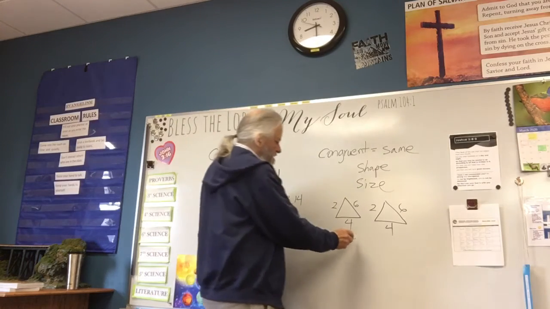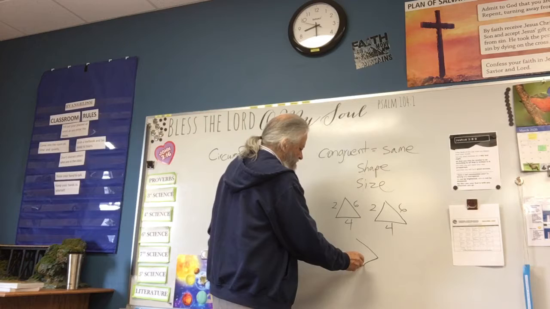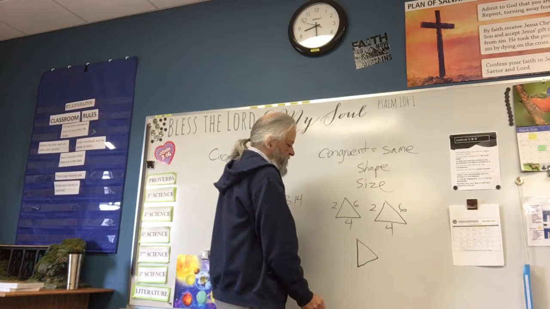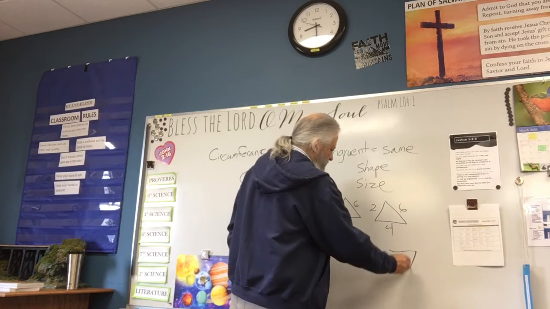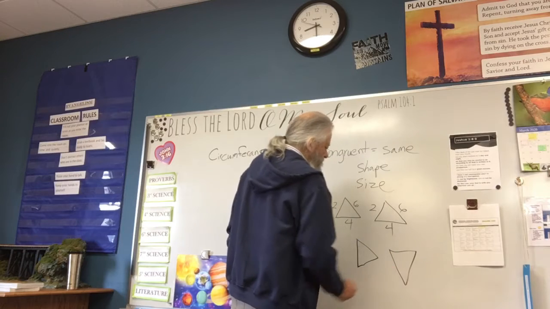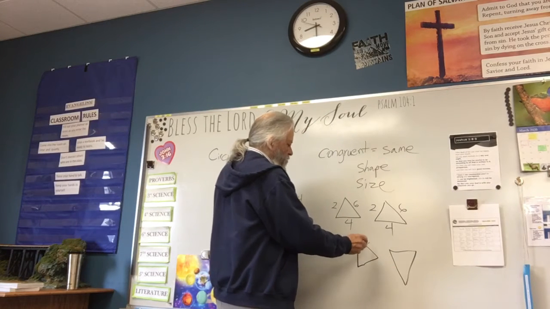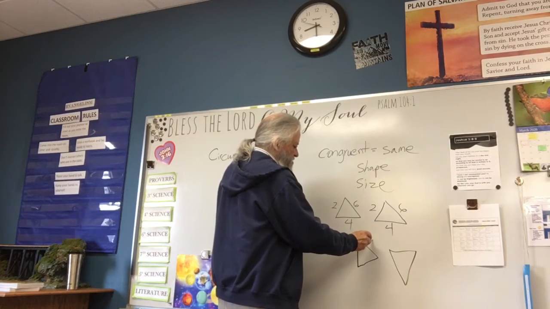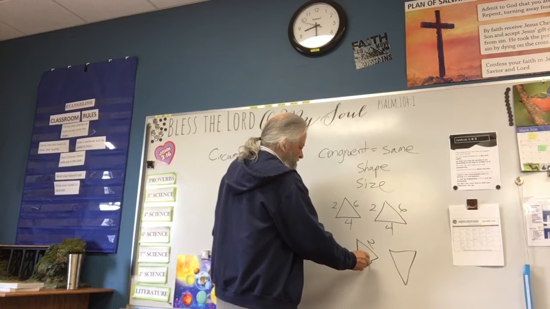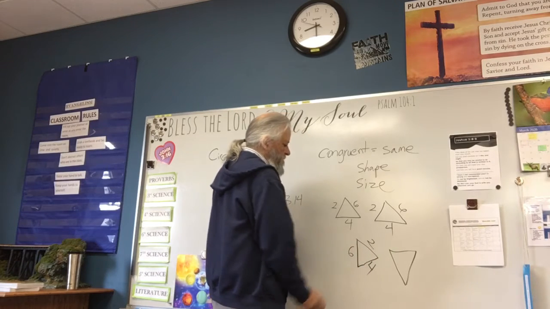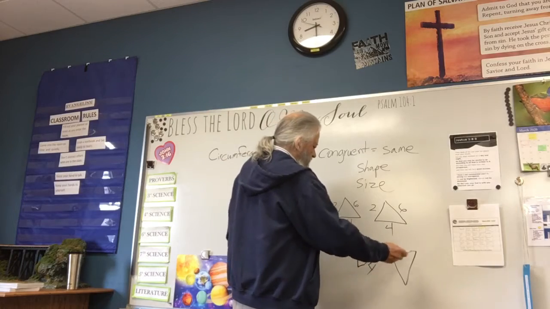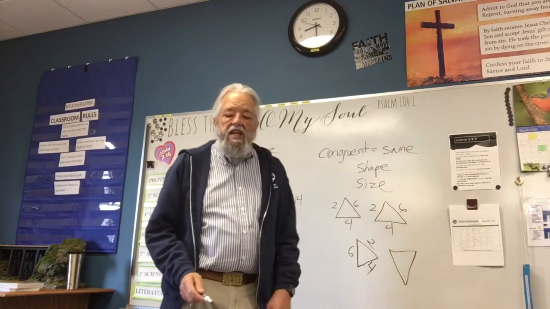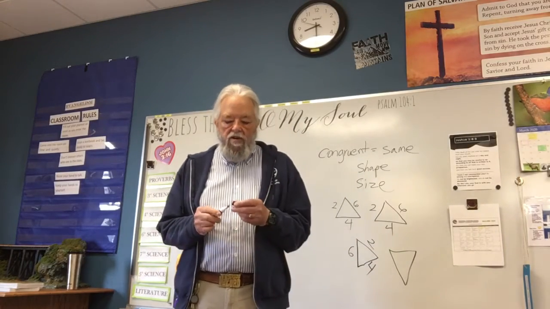But even if it was laying on its side, or even if it was upside down, if you've got the one side that measures 2, another side that measures 4, another side that measures 6, it is a congruent figure.